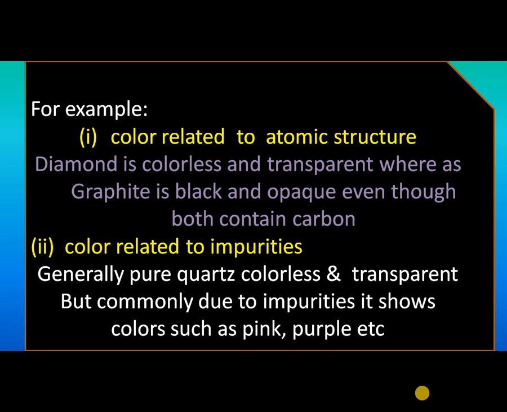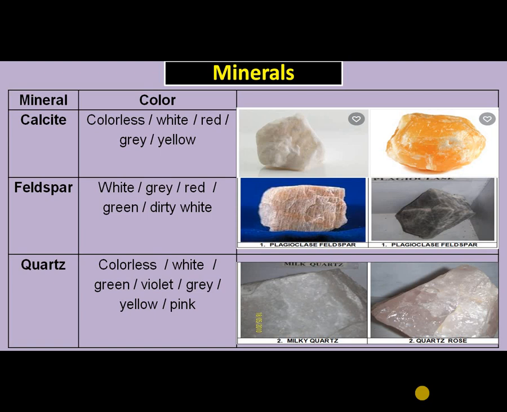That is how the colors are shown by different minerals due to the internal arrangement of atomic structure and the presence of impurities. See, the calcite and feldspar and quartz, all the minerals are exhibiting different colors.